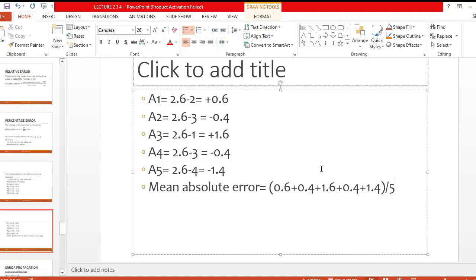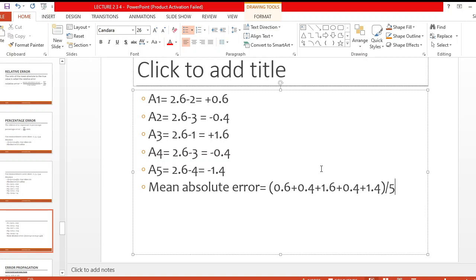So when you add all these numbers, 0.6 plus 0.4, it will be 1. 1.6 plus 1.4 is 3. 3 plus 1 is 4. Then 4 plus 1.6, you get 5.6. So 5.6 divided by 5.